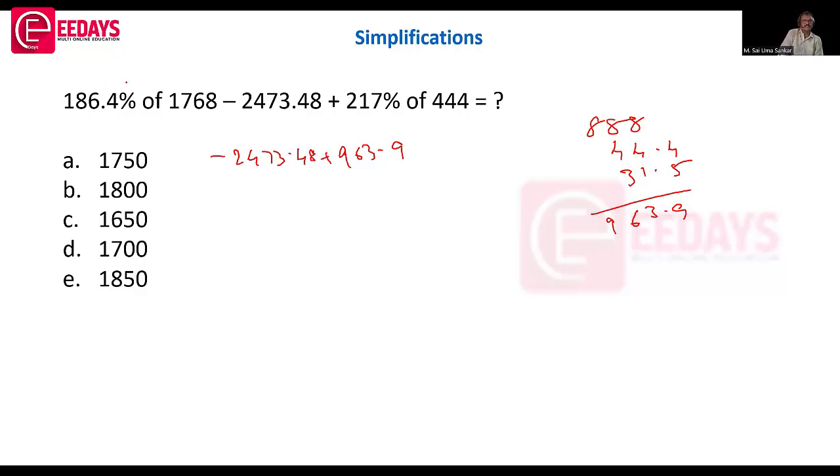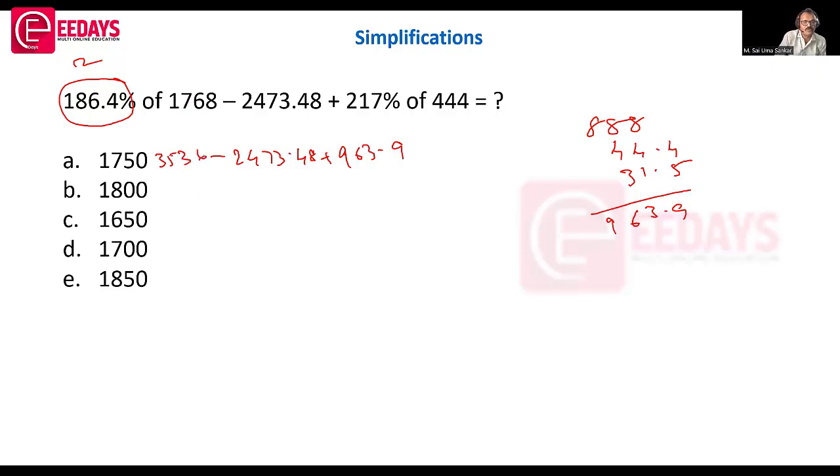And next, what about this one? 186.4% of. So 1.86. Let us take approximately 2. 2 into 1768, 34. And next 35, 3536.